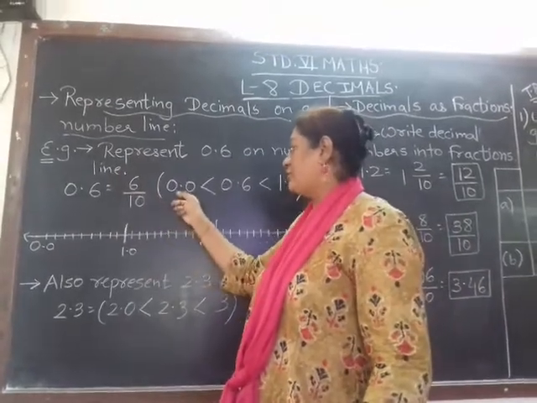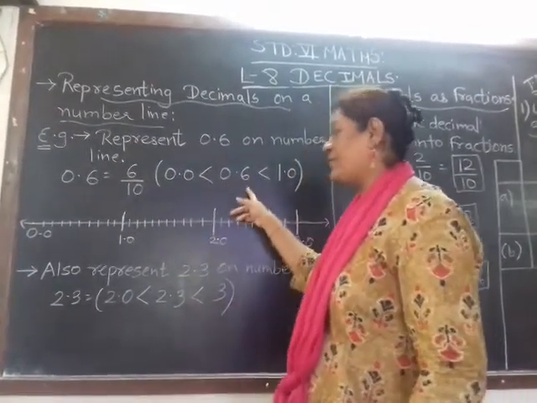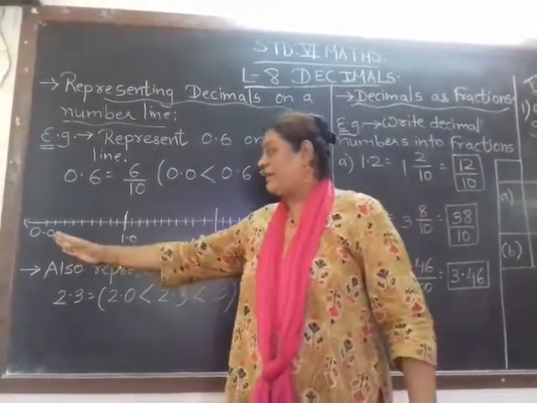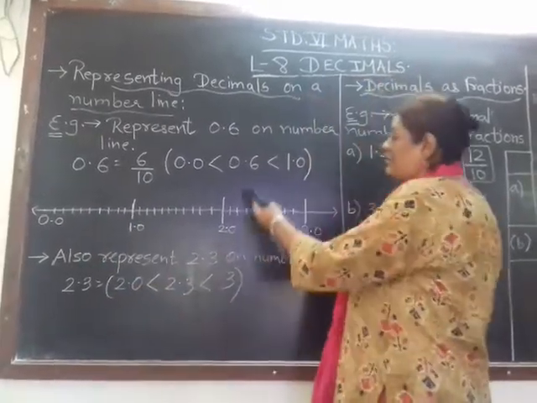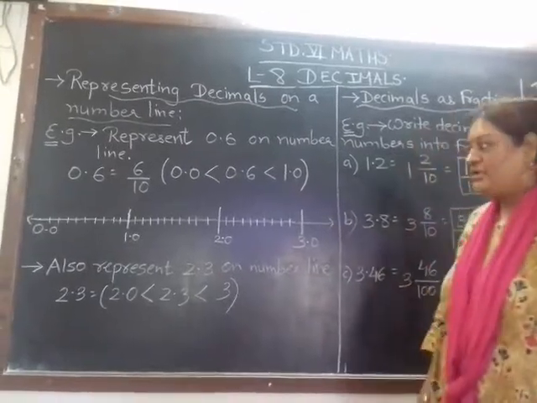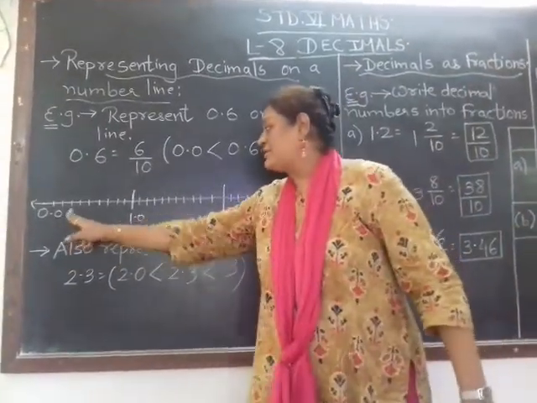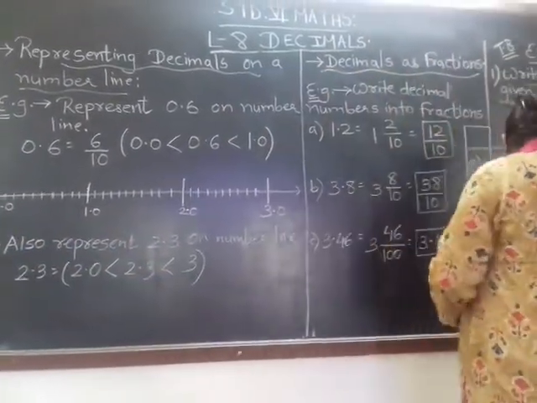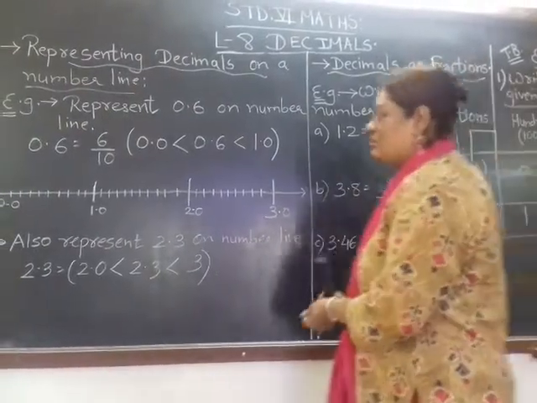Now I have to represent 0.6 on the number line. So 0.0 is smaller than 0.6, so definitely it will come after 0.0, and 0.6 is smaller than 1.0, right? So in between 0.0 and 1.0 you have to show 0.6. So start counting.